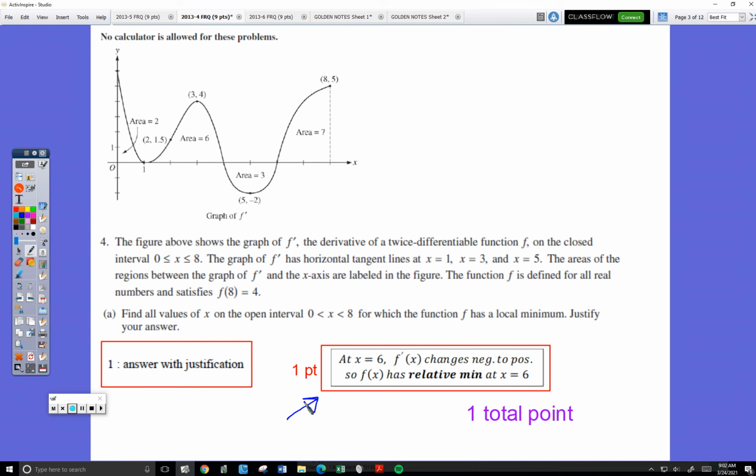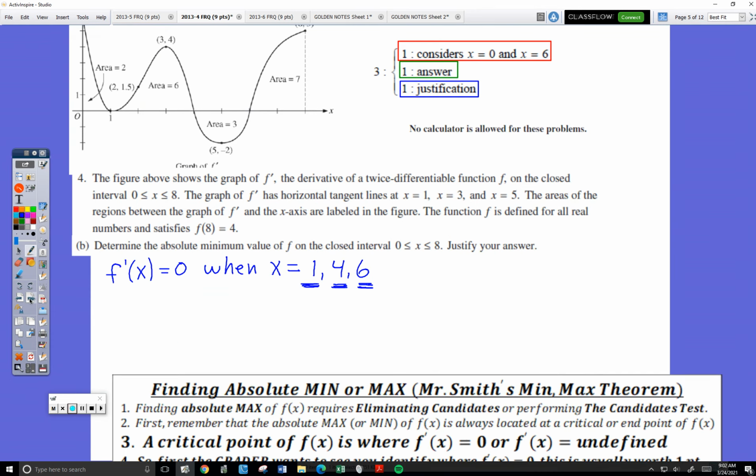So we can use that information to our advantage here in part B. We can say something like f only has a local min at x equals 6. So right away, we now only have 3 candidates.